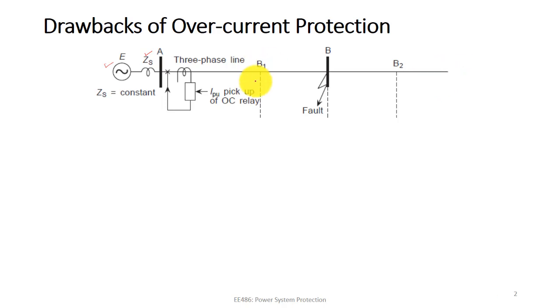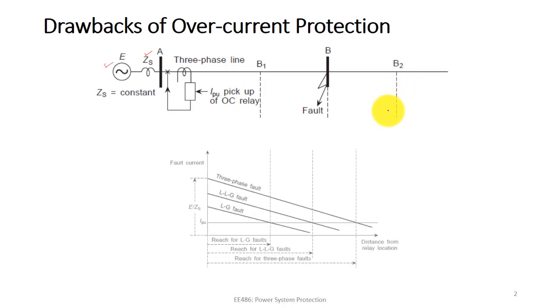Now we have a relay here at bus A, with a pickup current of IPU. Suppose the fault happens at point B, exactly at bus B, or at B1, or at B2.